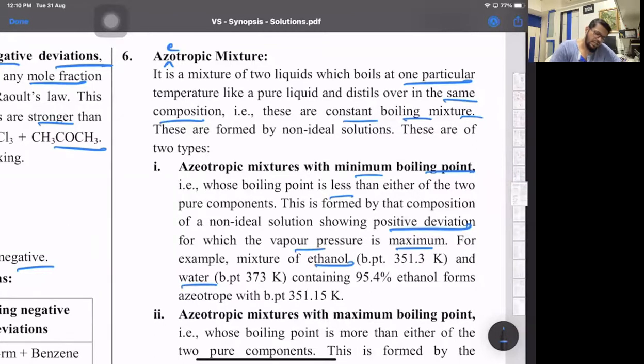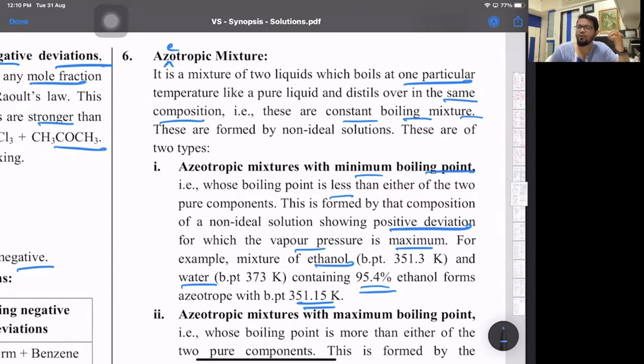Basically, 95.4% ethanol forms an azeotropic mixture having a boiling point of 351.15 Kelvin. So with ethanol and water, why positive deviation? Because the solute-solvent interaction, that is the hydrogen bonding between ethanol and water, is weaker than the hydrogen bonding in pure ethanol and pure water. So that's why they show positive deviation, because both vapors come, but the boiling point decreases because of weaker intermolecular interactions.